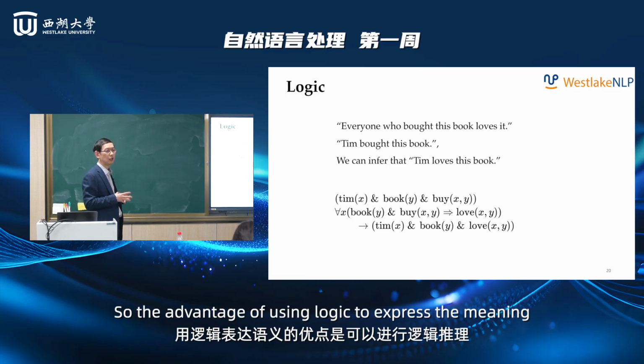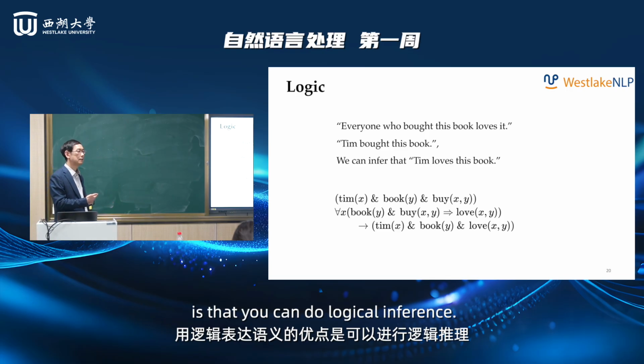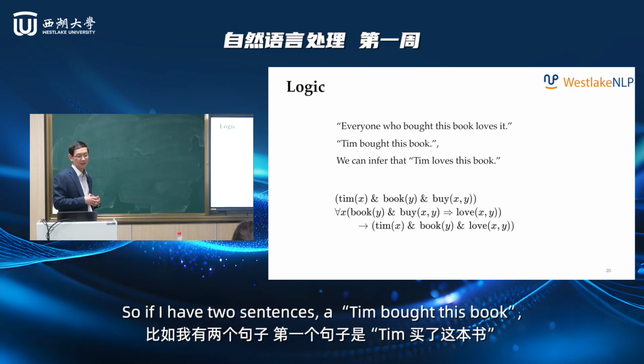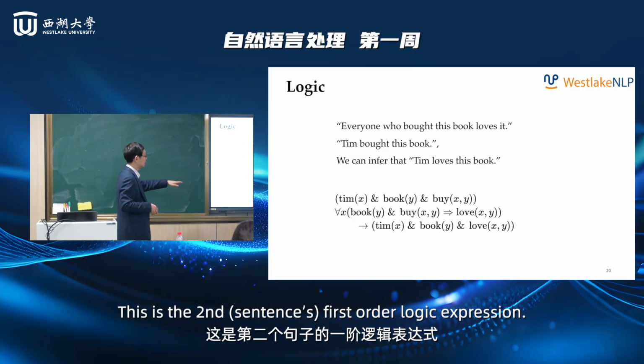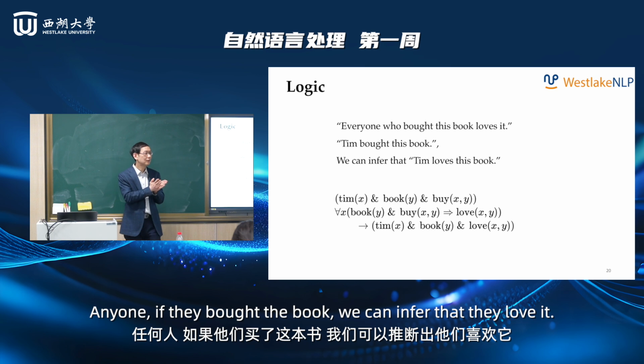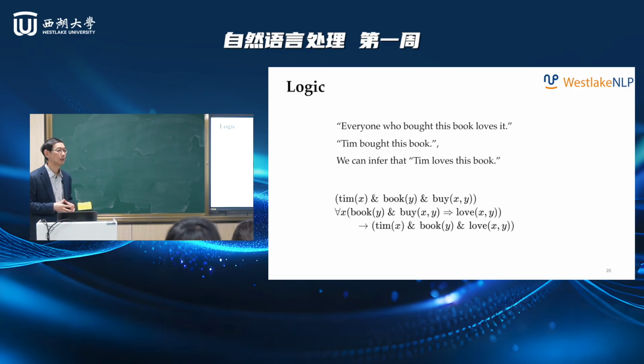So the advantage of using logic to express the meaning is that you can do logical inference. Right? So if I have two sentences, like Tim bought the book, okay, and everyone who bought the book loves it. The second is like the second first order logic expression, right? Anyone, if they bought the book, we can infer that they love it, okay?